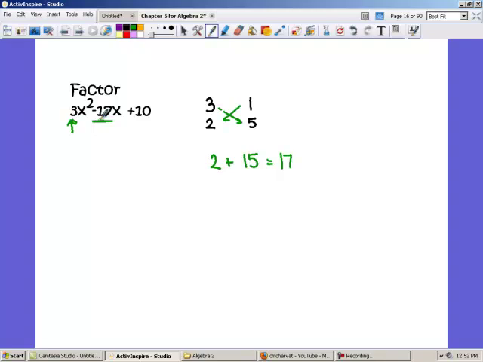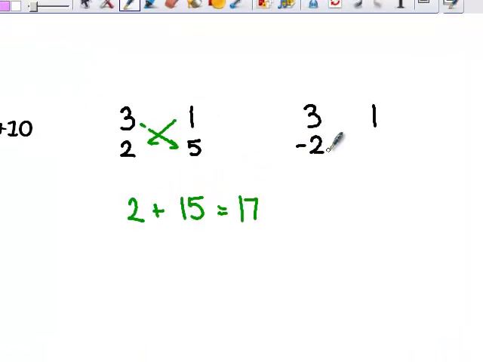So if we fix this, we still use 3 and 1, but in order for 2 and 15 to ever add up to negative 17, they both had to be negative. So let's change 2 to negative 2, and 5 to negative 5. And we'll see if that works.